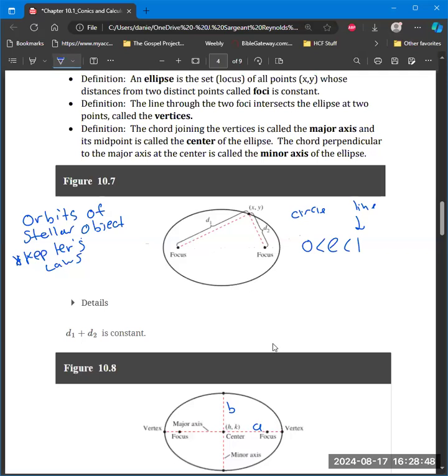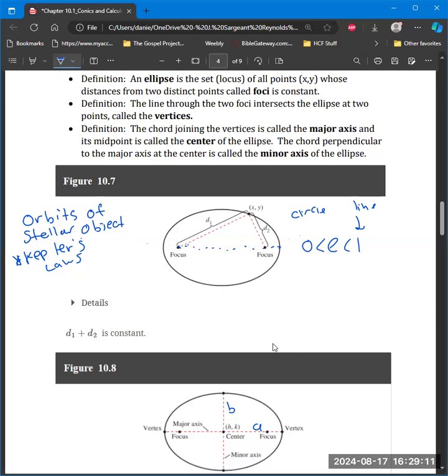But if I were actually to want to draw this very carefully, I'd have cardboard and I'd put push pins on my paper where I want the foci to be, and then I'd have a string that was long enough to go from this focus all the way to this edge there, and then looped around here.